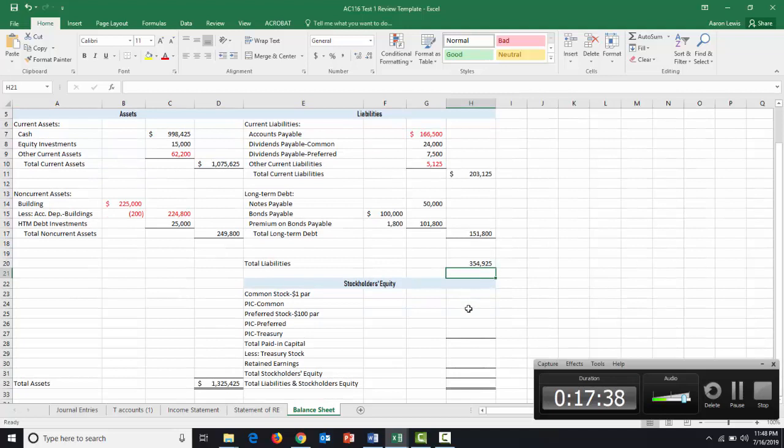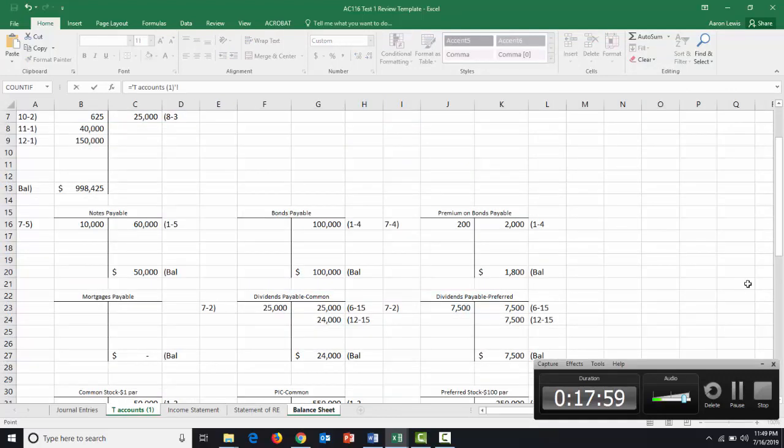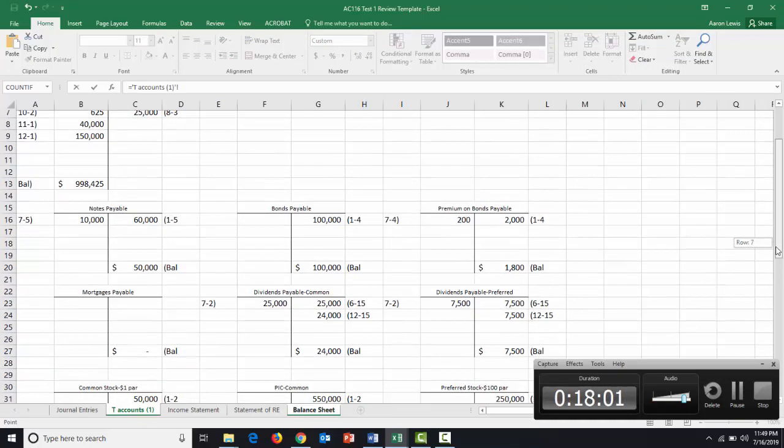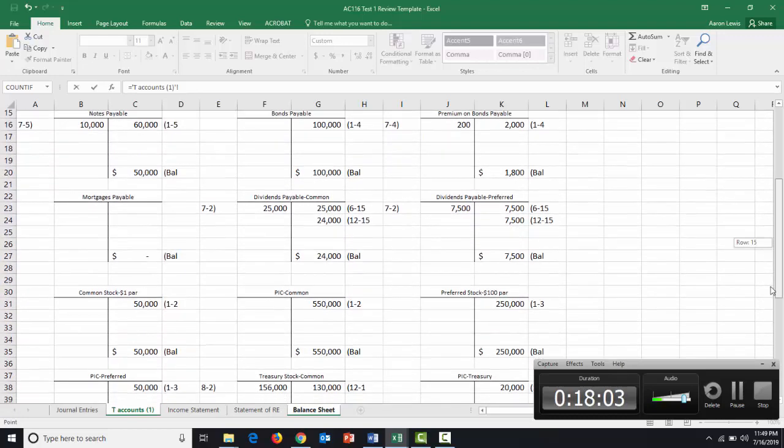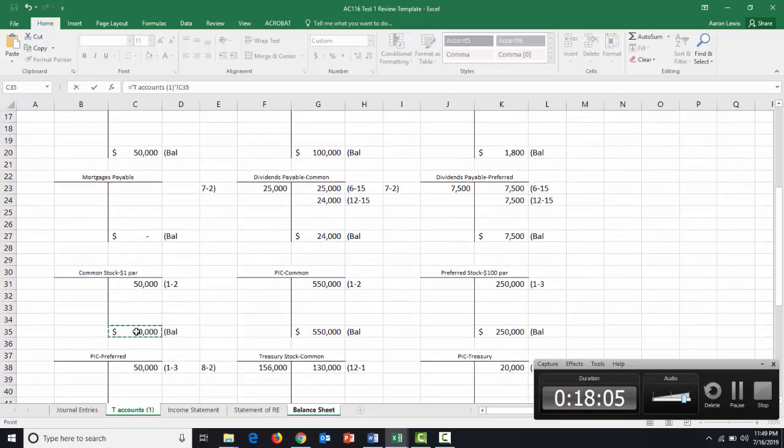Underneath this, we have all of our equity accounts, which is namely stock. And I don't know why this is typically formatted this way, but for the equity section, the information is usually always in the right-hand column the whole way down. So we start with the balance of our common stock account. We go into our T accounts. We find common stock to have a balance of $50,000.